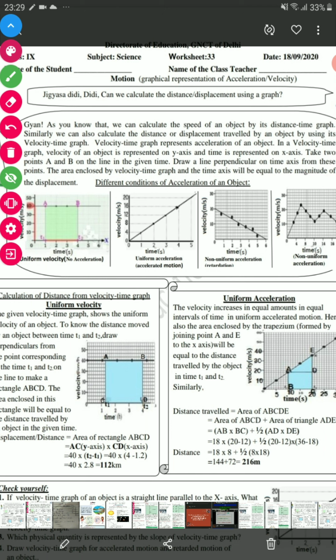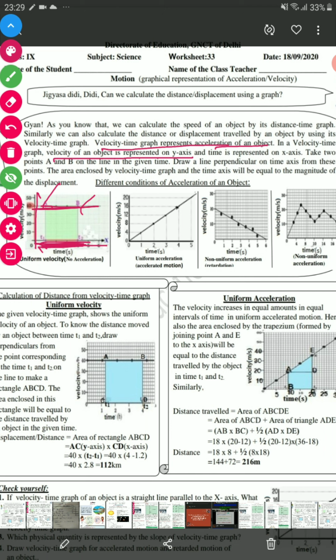Okay, I repeat, when we take the velocity time graph, it represents the acceleration of an object, with velocity on the y-axis and time on the x-axis, and we take two points A and B on the line for the given time.